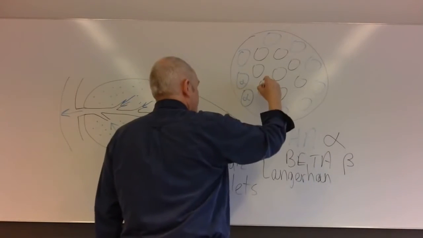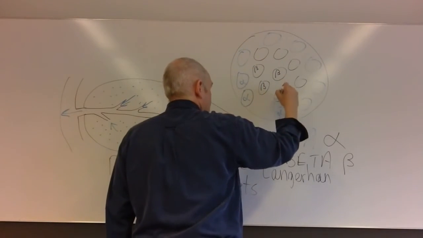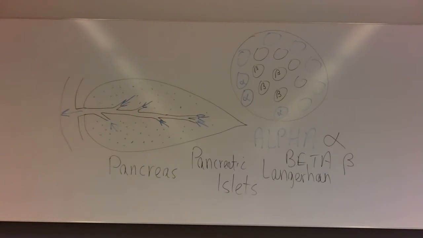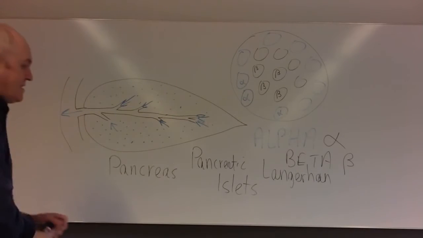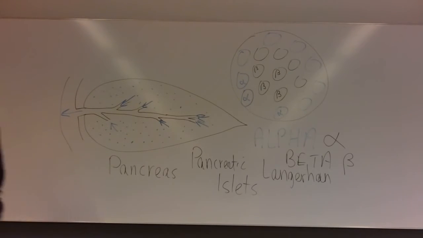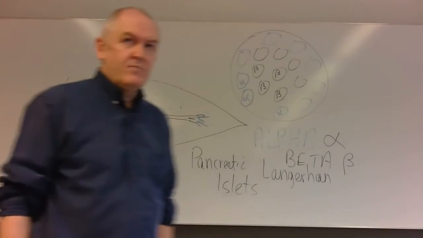And that's the Greek letter beta. So there's alpha cells around the outside of the pancreatic islets and beta cells in the middle of the pancreatic islets. And between the two of them, these are the main cells that control the amount of glucose in the blood.